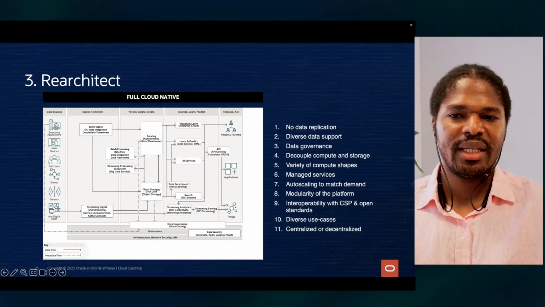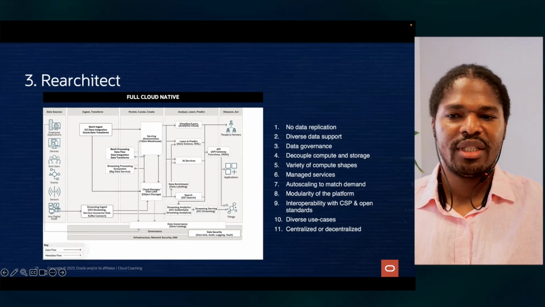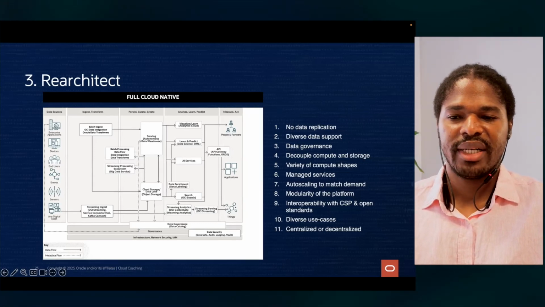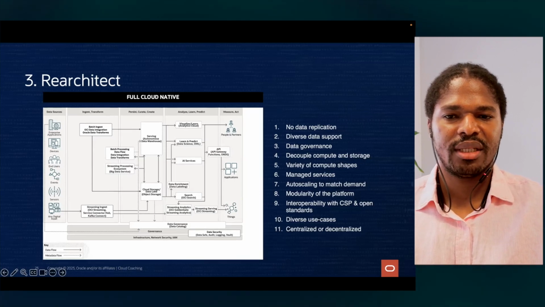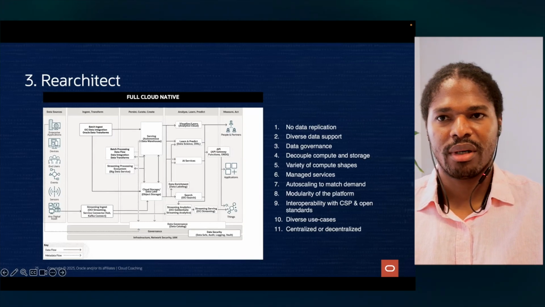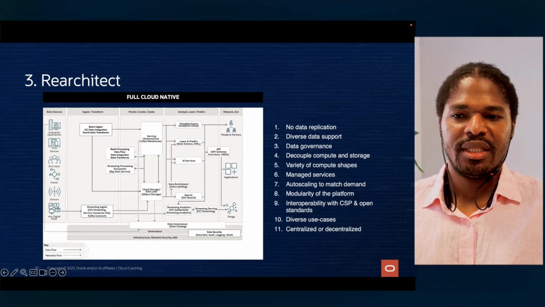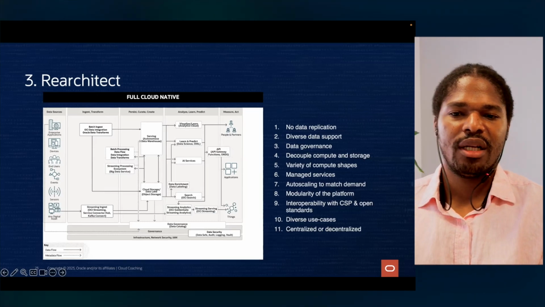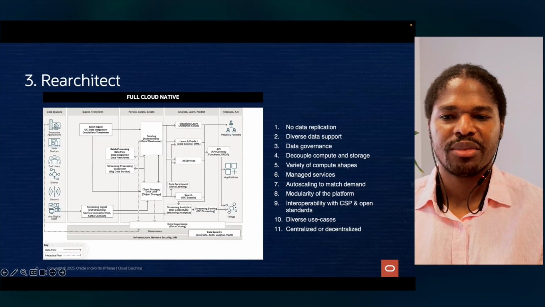On the second point, we can cite that you have diverse data types which are supported, and this one will enhance your multi-model and polyglot architecture. In terms of governance, you have a fine-grained data security that you can enforce, and this one will leverage the zero trust security model of the Oracle Cloud Infrastructure in general. We also have the ability to fully decouple the storage and the compute, and this is highly important in terms of scalability.